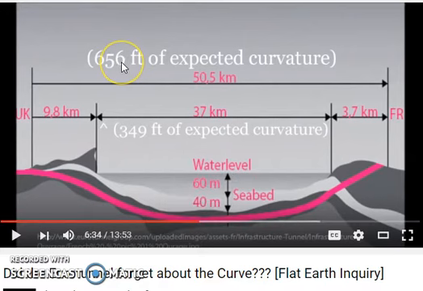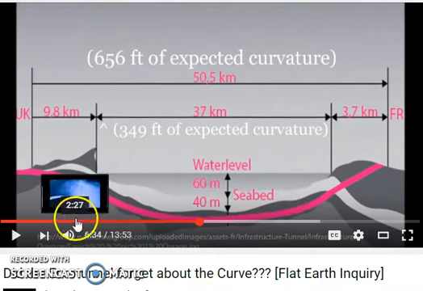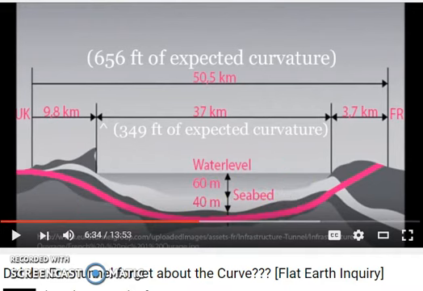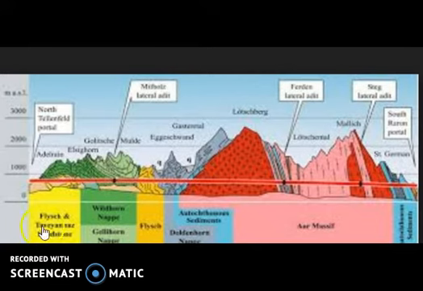And he's got it marked here, should be 656 in the whole 50 k's and 349 for the shorter distance. And the depth of the seabed varies. But that's very telling, isn't it? Very strange indeed. And here's one for our tunnel here.